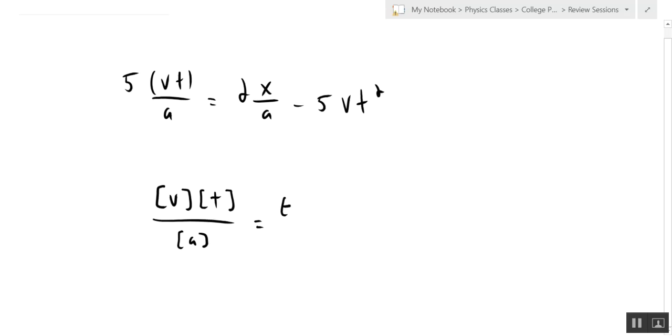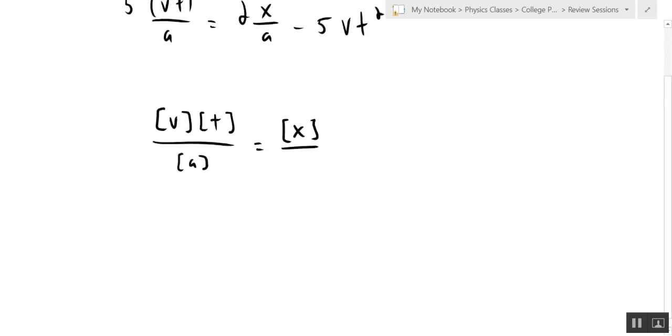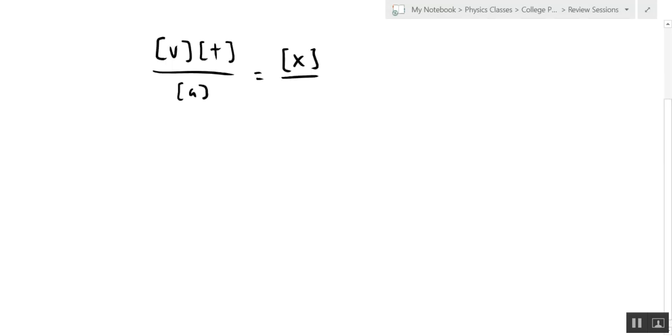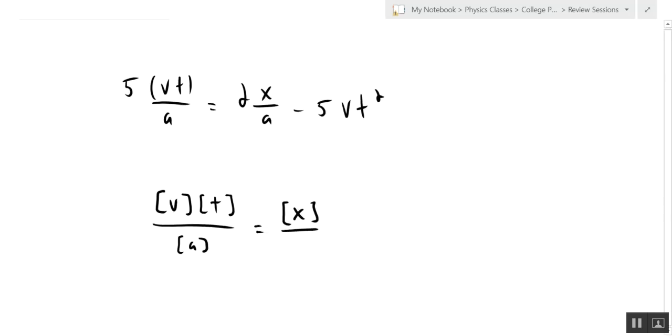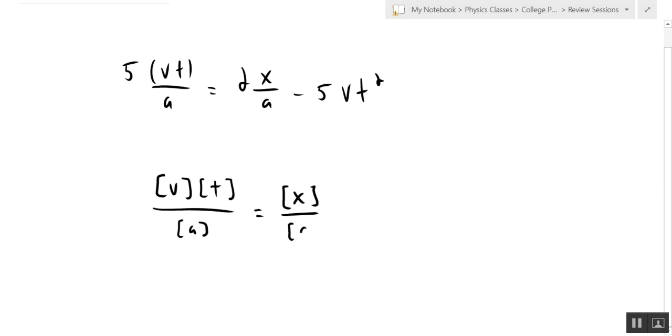So it's X over A. Doesn't matter if you write a negative or positive either. All we're doing is checking the dimensions of each term, right? So you're not actually subtracting these things. You're just checking each term, what the dimensions are.